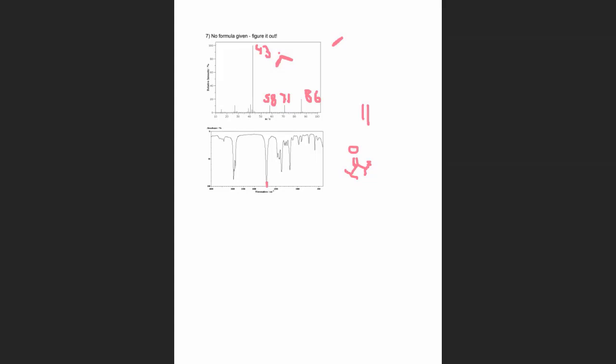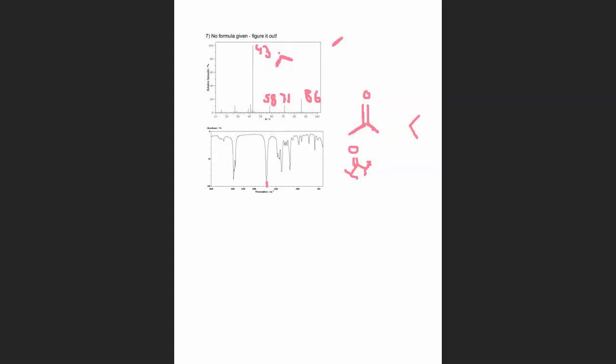And so by removing this methyl group, we could say that we do have a methyl on one side. And the rest, we can say that we have this 3 carbon group right here.